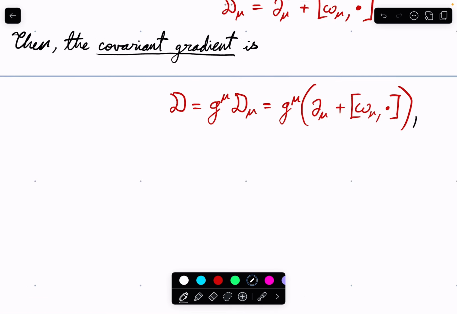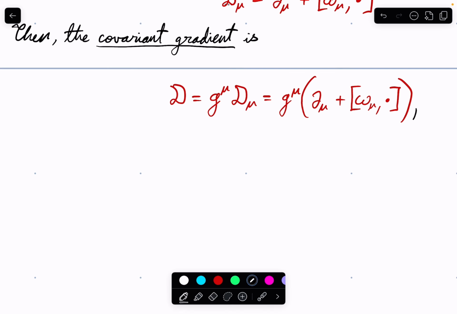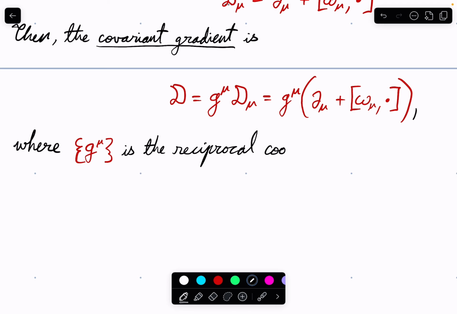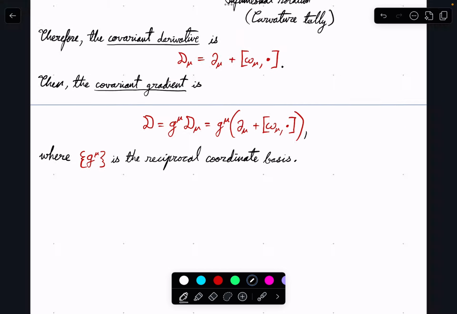Oh, and just so that you can recall easier, g mu is the reciprocal coordinate basis. It's the reciprocal coordinate basis.